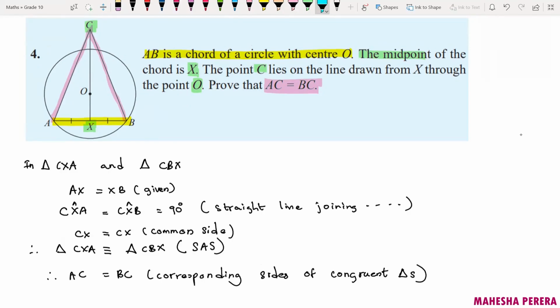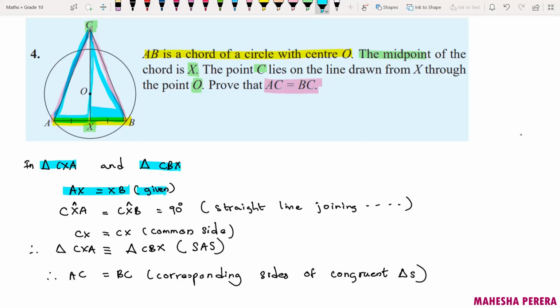Now, if you consider the triangle CXA, this triangle CAX, and the triangle CBX, the other triangle over here, AX is equal to XB and it's given.